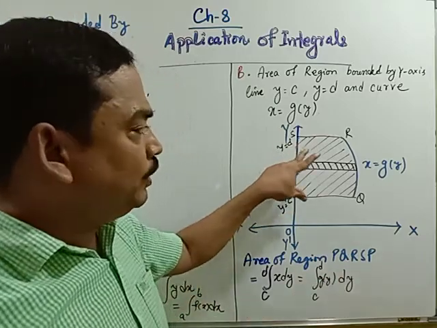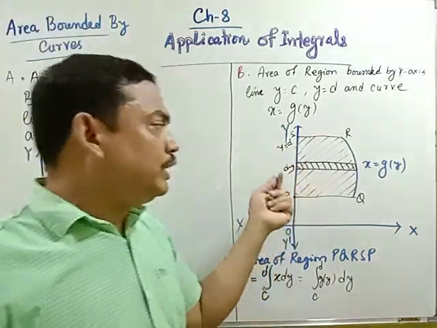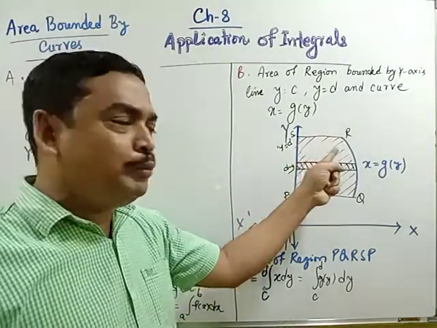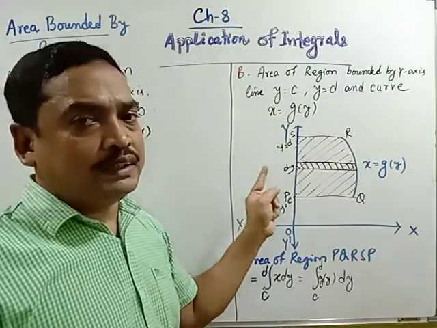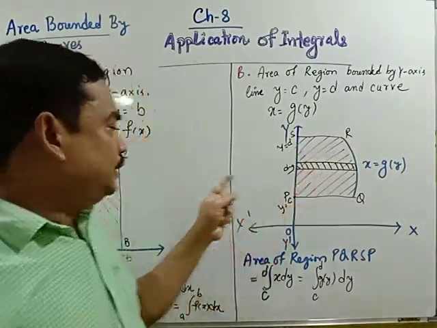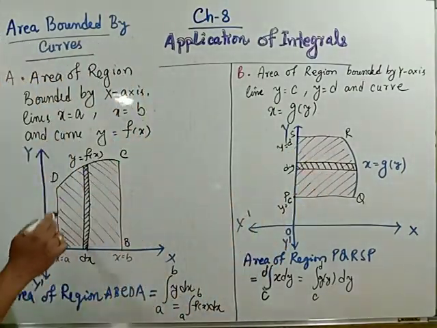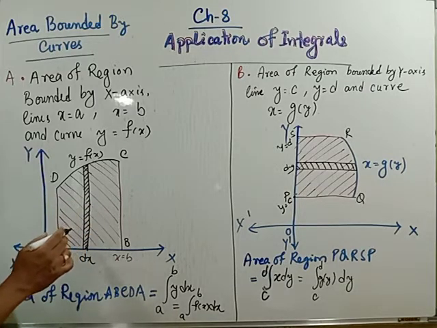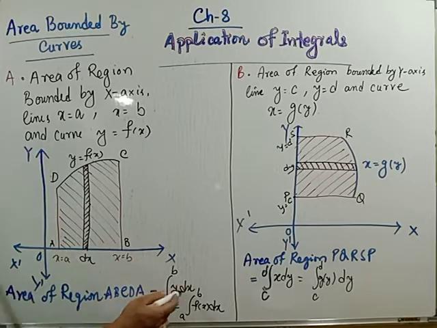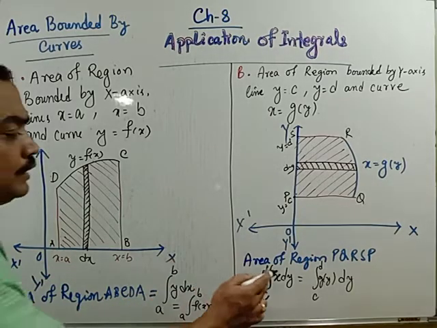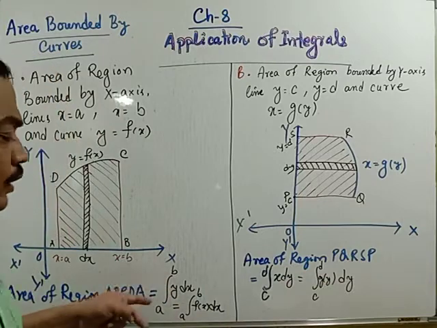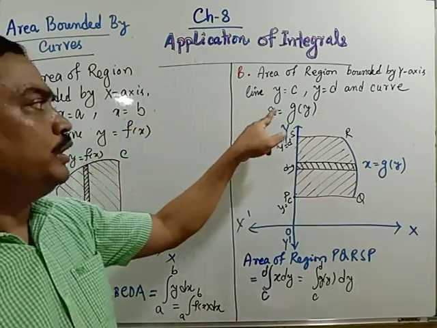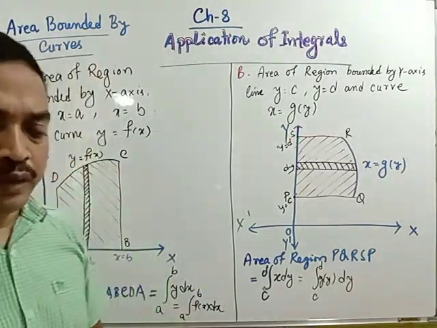When finding the area with respect to the y-axis, you draw the perpendicular from the limits on the y-axis, and this is the area. Similarly if you are finding it on the x-axis, you draw the perpendicular on the x-axis. So with respect to the x-axis dx will be there, and with respect to the y-axis dy will be there, and the function should be expressed as y equals f of x in one case and x equals g of y in the other, right?